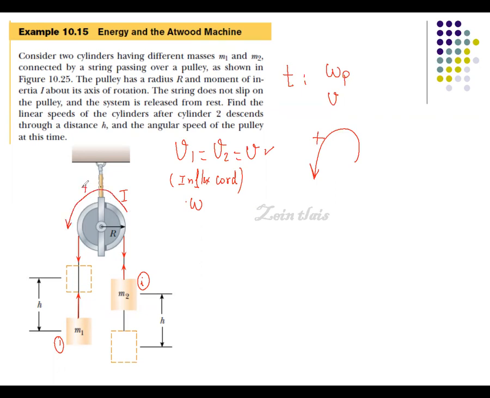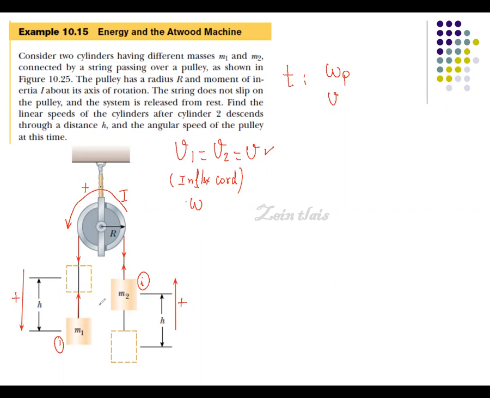Up is positive, down is positive. You have to take the same direction, plus, plus, plus. I know the system is moving in this direction, but I prefer to always take the anti-clockwise positive direction, like this. Up, positive, down. This is the positive direction.